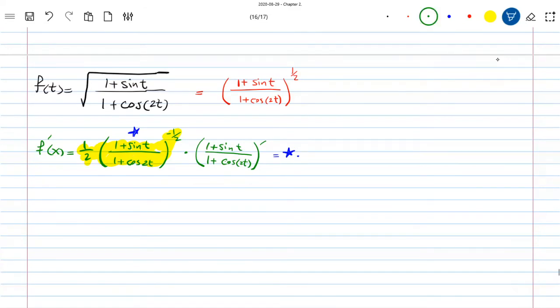Okay, so let's figure out what is the derivative of (1 plus sine t) over (1 plus cosine 2t). Since this is a fraction, I have to use the quotient rule.